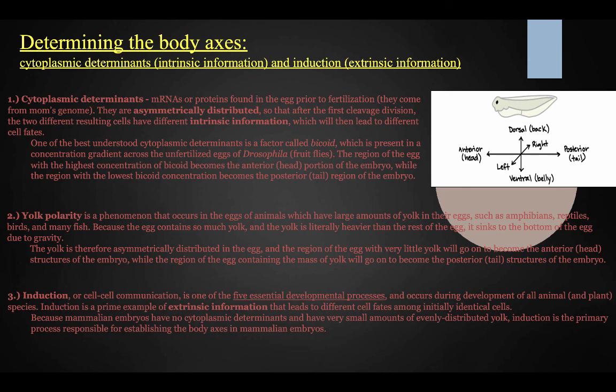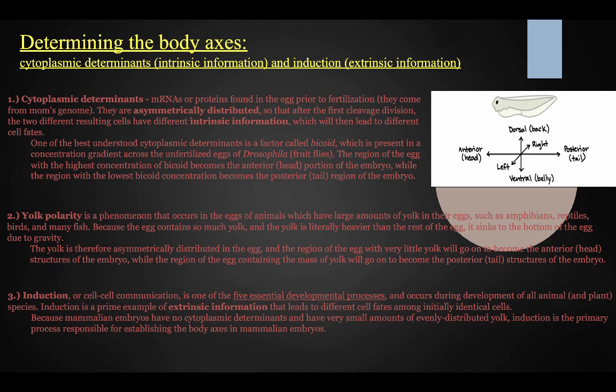The region with very low yolk will become the head, and the region with high yolk will become the tail. And this is for more complex animals with yolk, like amphibians, reptiles, birds, and fishes, right? I gave you an example above for Drosophila, or fruit flies.